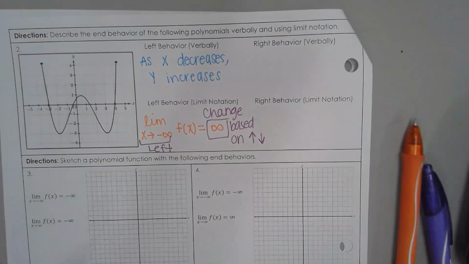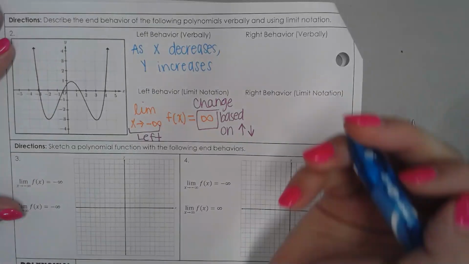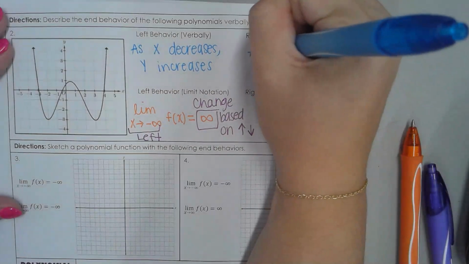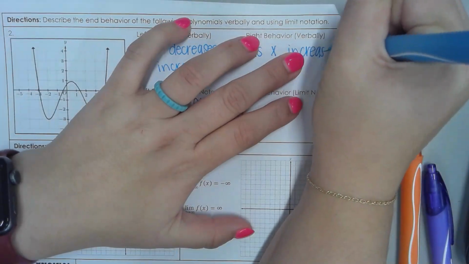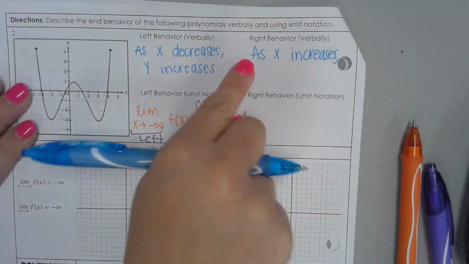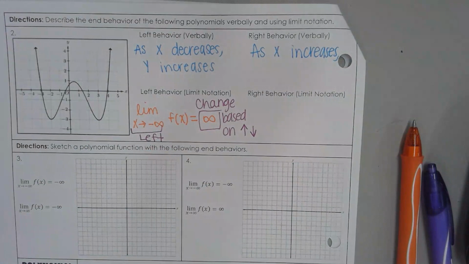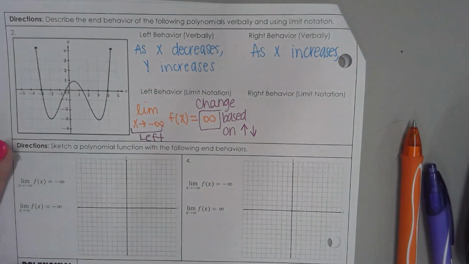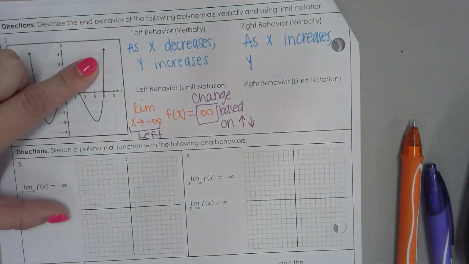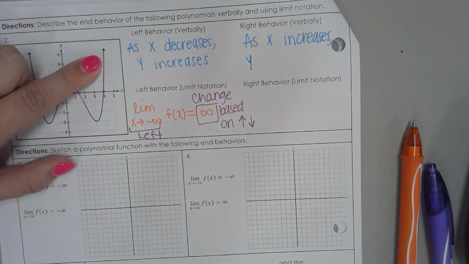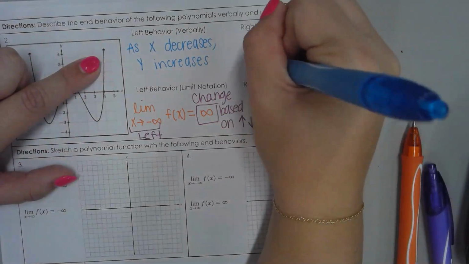So the right side, so as x increases, you're always going to have that. X increases specifically means right side. Okay. Are my arrows pointing up or down on the right side? Up. So y increases.